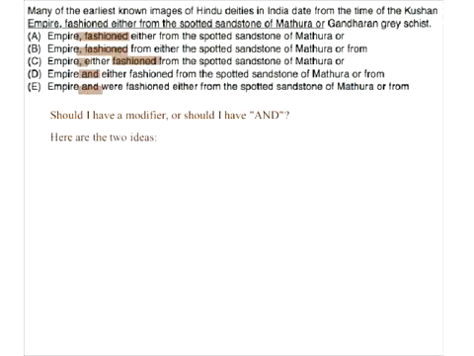The 2 ideas are how old they are and what they're made of. Number 1, the images are like X number of years old, like from the time of Y empire. The other idea is the images are made from one of 2 types of rock.